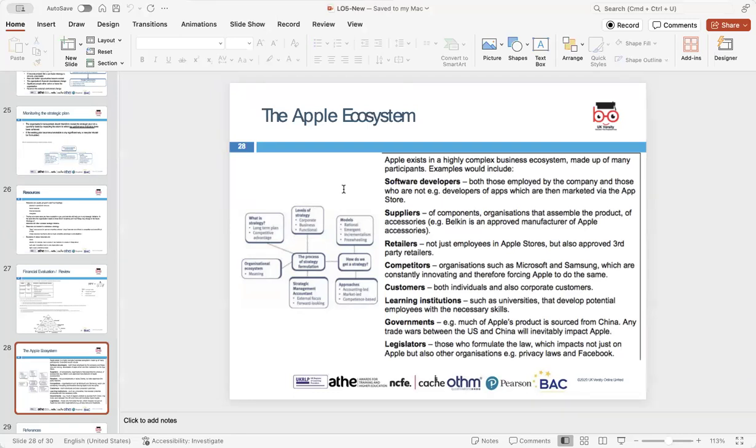Rational models involve detailed planning, while emergent strategies evolve over time in response to changing conditions. Incrementalism focuses on gradual changes, and freewheeling strategies allow for more flexibility.